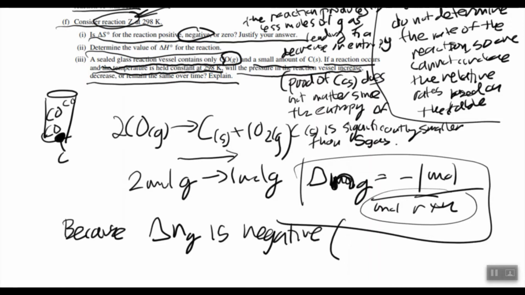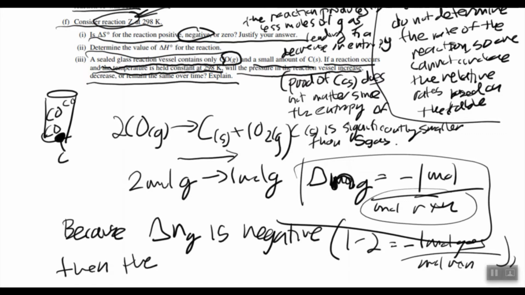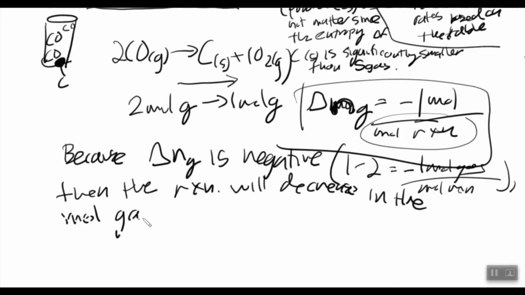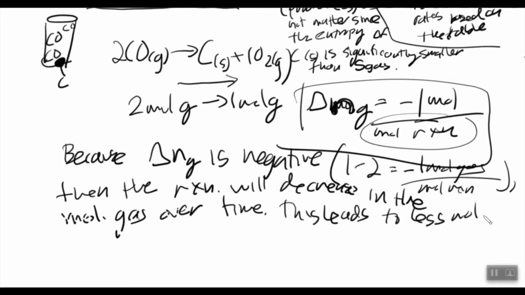We can kind of prove this by saying that 1 minus 2 equals negative 1 moles of gas per mole of reaction. Then the reaction will decrease in the moles of gas over time. This leads to less moles of gas.